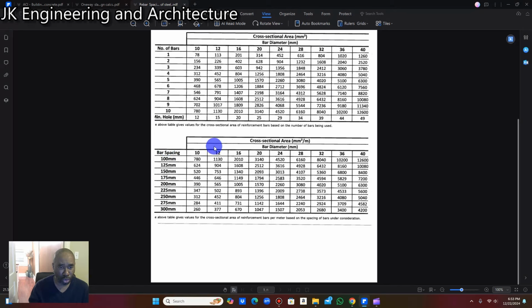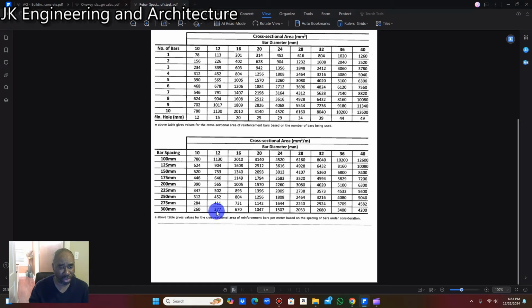We're going to use a 12 millimeter bar, half inch steel. We look for 342.33, and the closest thing we see for a 12 millimeter bar is 377. So we are providing 377 millimeter square per meter, even though the calculation has shown us that we need 342.33 millimeter square per meter.